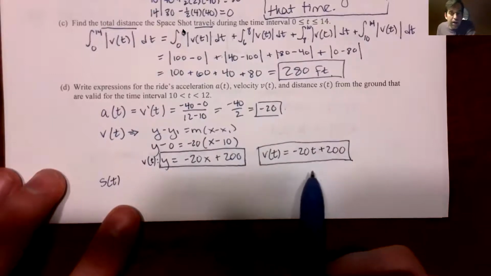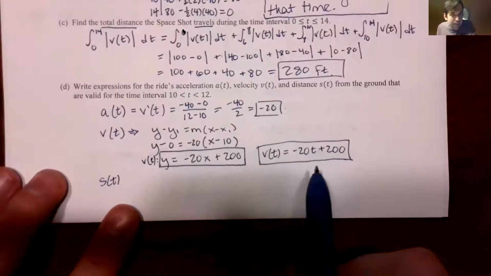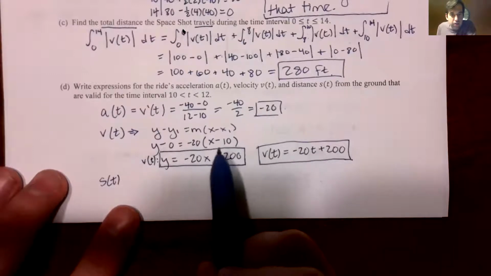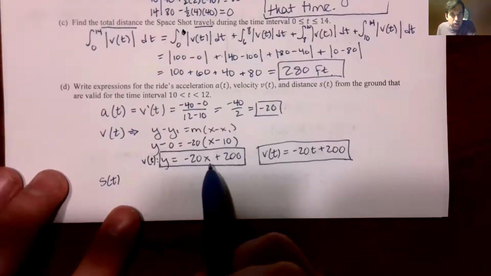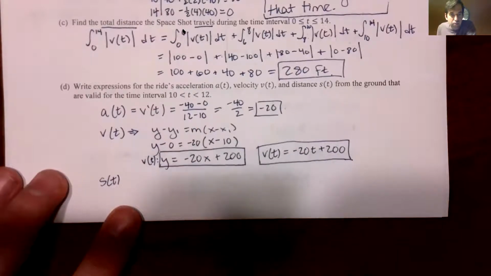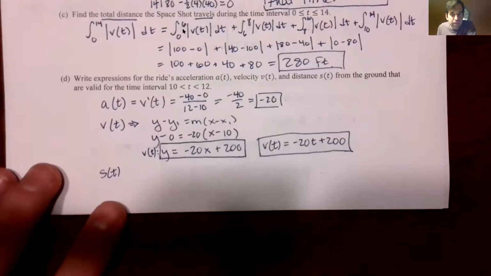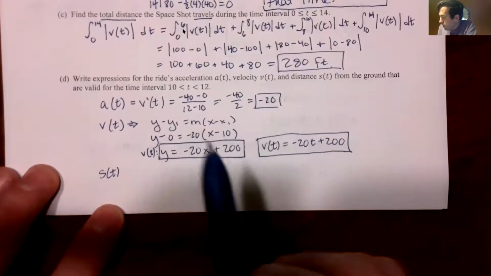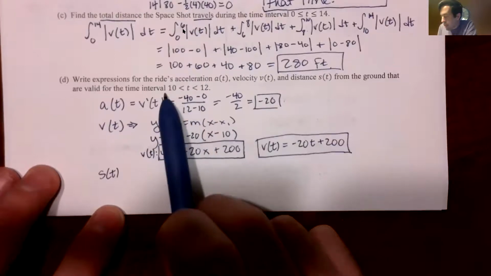Side note, on an AP test or on a test in my class, x and t are interchangeable. If you accidentally change a variable and it doesn't conflict with something else that's already given in the problem, you won't lose points.